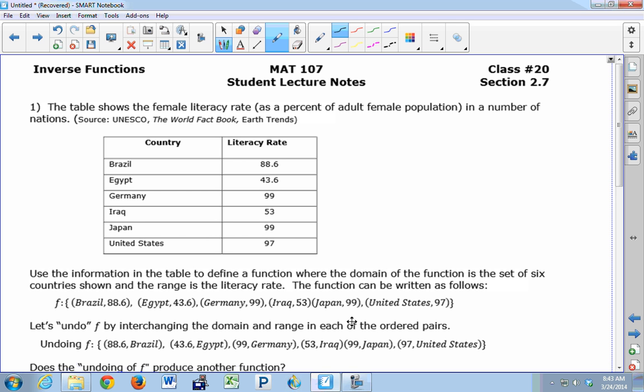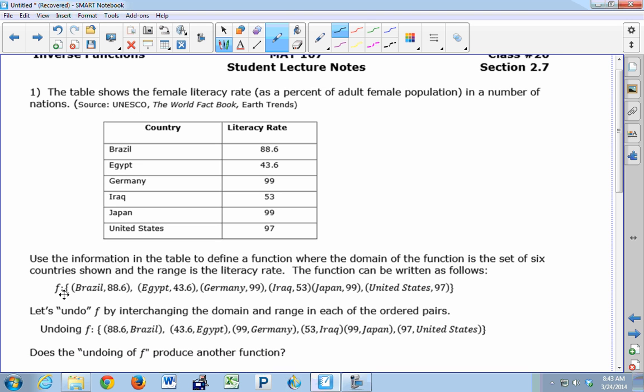And that goes up to the highest, 99, in both Germany and Japan. The United States is 97. So this is a set of ordered pairs that defines this function.